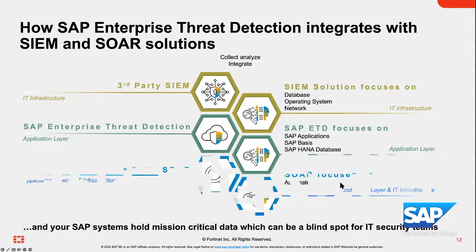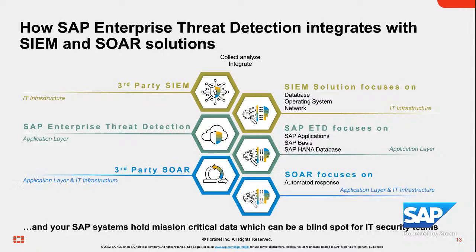And the FortiSOAR solution enables us to have automated responses, not only in the IT infrastructure layer, in the perimeter security, but now we can also trigger automated reactions inside of the SAP application. So meaning maybe send the user a pop-up, hey, your behavior is being monitored, or terminate a session, withdraw user authorizations, and so on and so forth.